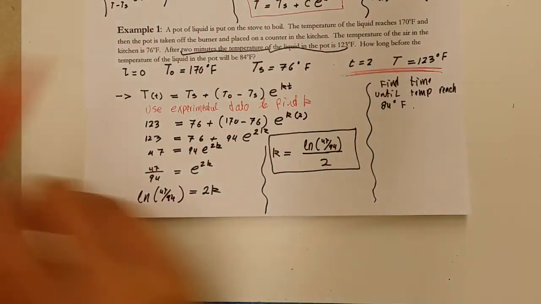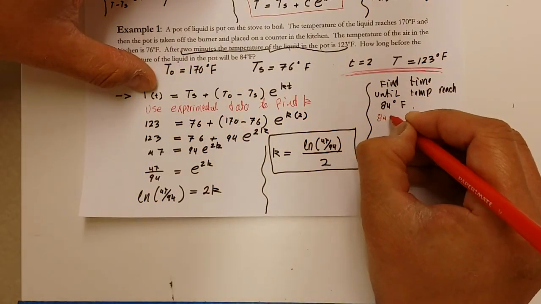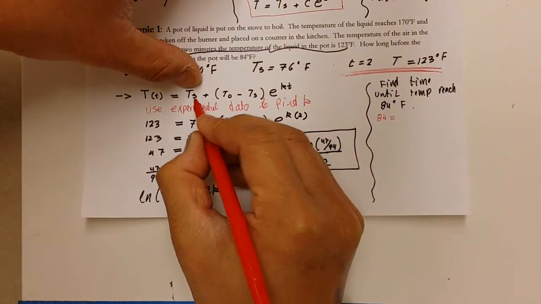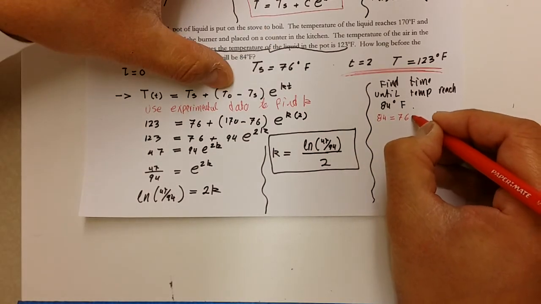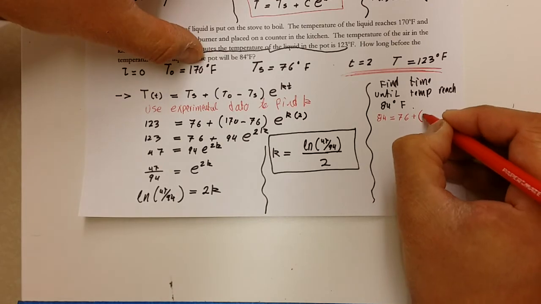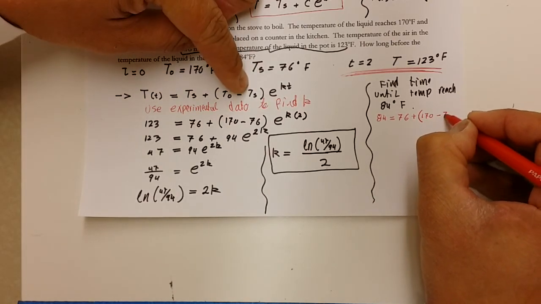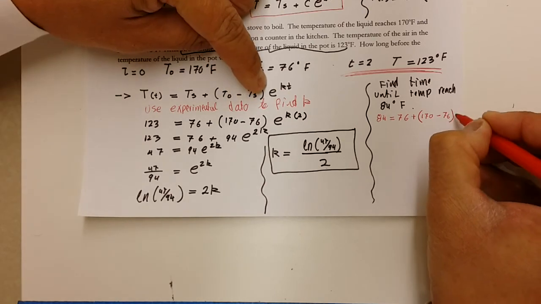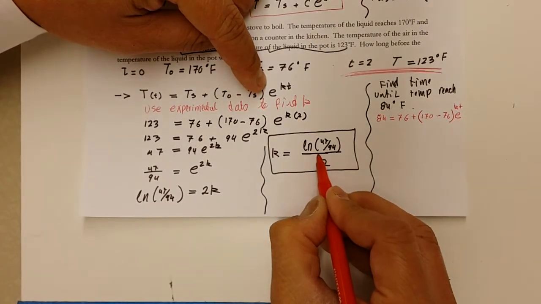I am gonna plug 84 in here. I'm gonna plug 76 in there because surrounding is 76. Plug 170 in for the initial minus the surrounding, and then e to the kt, and I know what my k is, and we're gonna deal with that later.